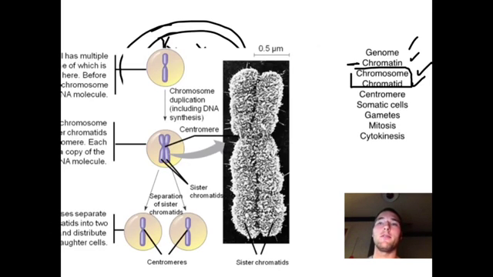Chromatid would be one side of a chromosome. That's a chromatid, that's a chromatid. They're called sister chromatids if they're on the same chromosome. And technically this is also a chromatid, it just hasn't been copied yet. Sister chromatids are genetically identical, 100% the same, so that when they get separated during mitosis, we end up having the exact information on both sides.